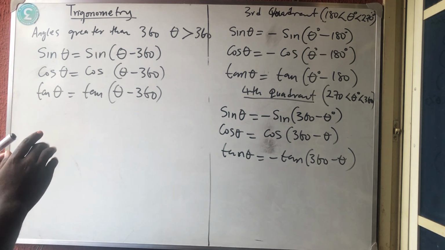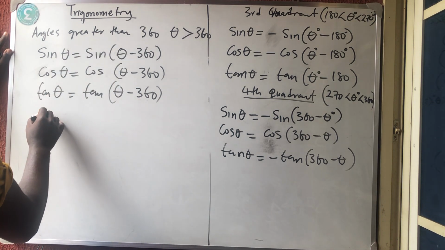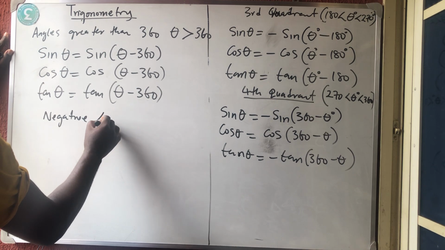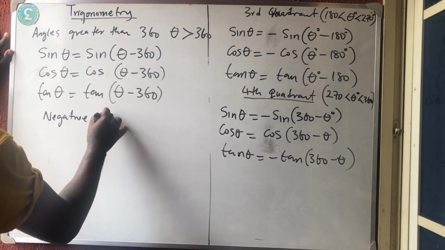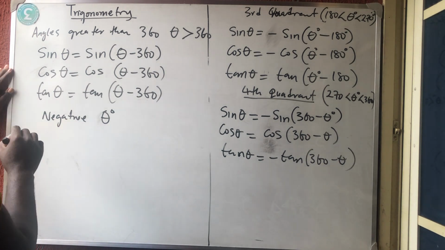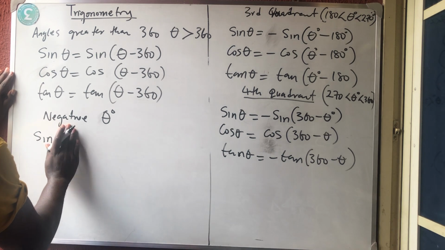Okay? So the next thing you need to know is what? Negative angle. So when the angle is negative, or negative theta. Now theta is now negative. If theta is negative, for instance, sine minus theta.